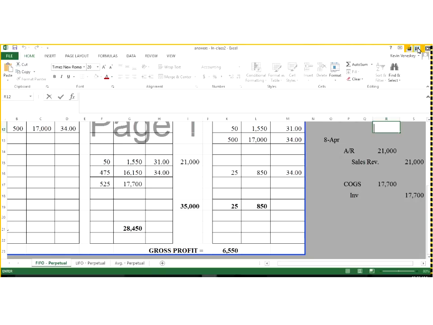So I'm selling the 525 items at $33.70 a piece. Actually, that's not what I'm selling them for, but that's what I'm taking them off my books at. So 525 times $33.70 is how I got this $17,692, which leaves me, when I sell 525, still 25 items at $33.70.